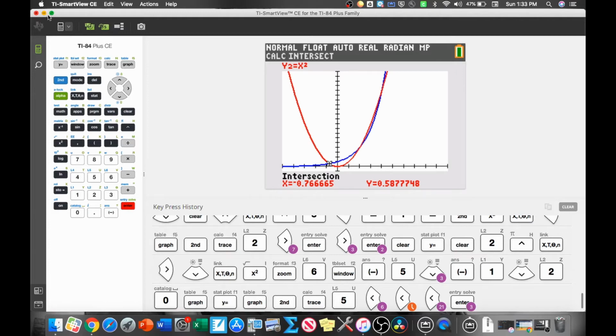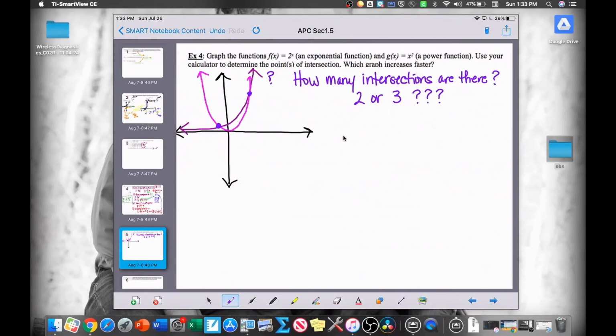Okay, so I can go ahead and write it on my paper here. My intersection points, the first one was at negative 0.767, comma, 0.588, okay?